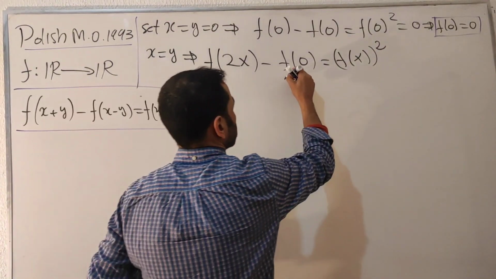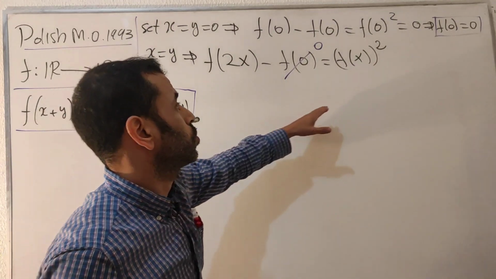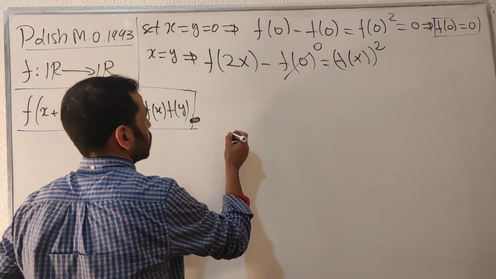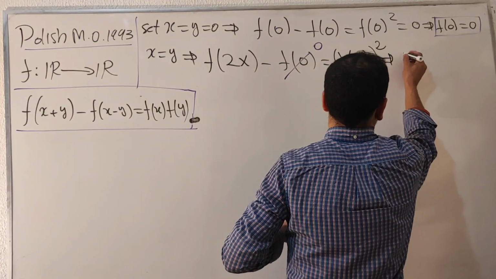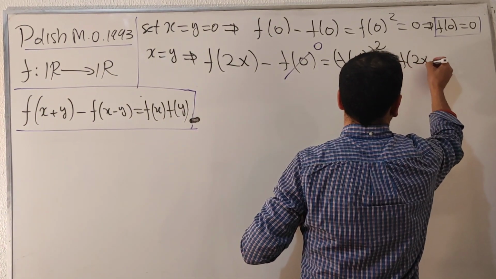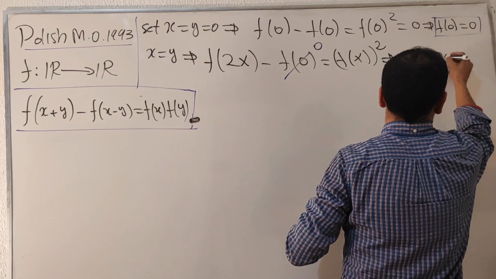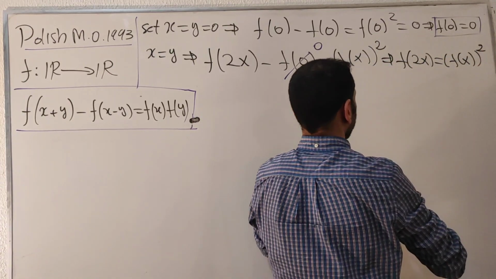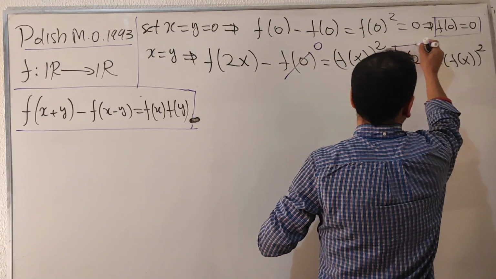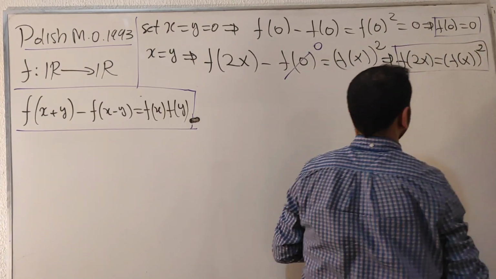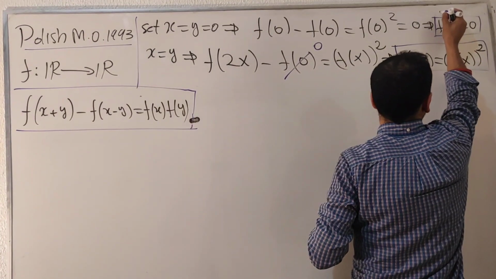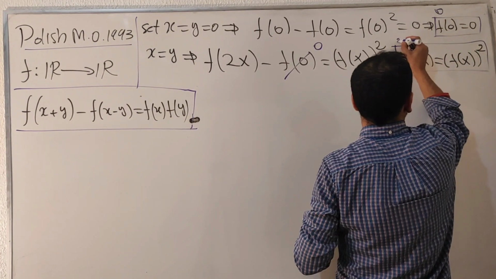This one is already 0 because, as we determined above, f of 0 equals 0. So I will end with this expression: f of 2x equals f of x squared. Okay, so let's keep these two facts for later. So we have the first fact and the second fact.